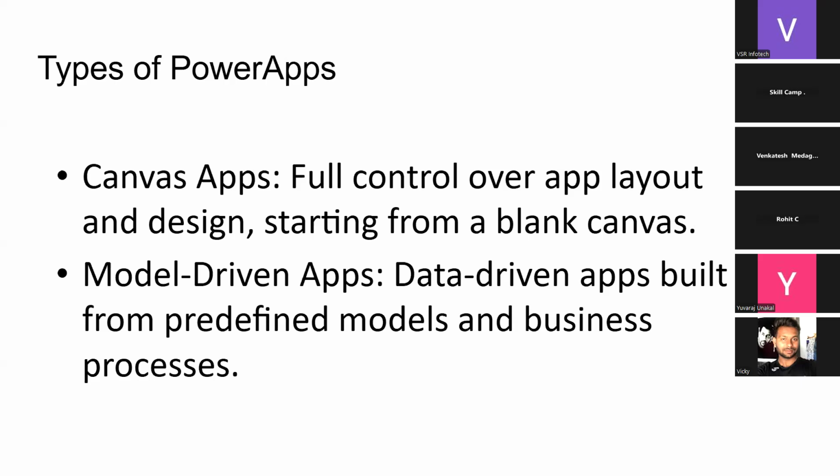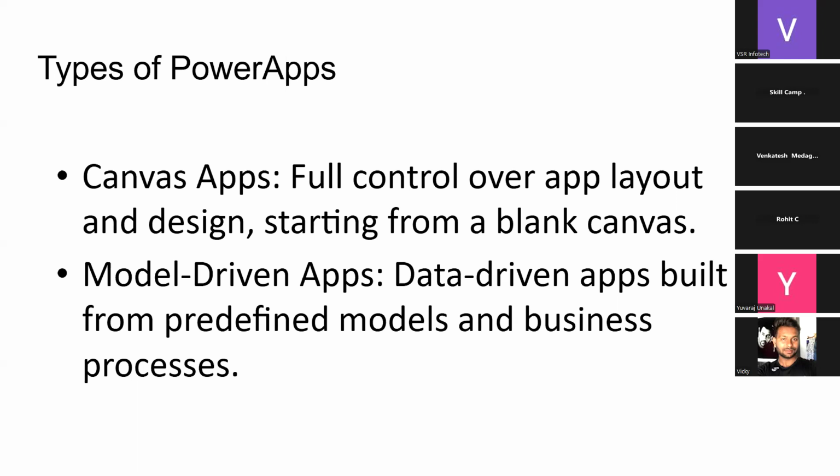That helps you with model-driven apps. These are data-driven apps, built from predefined models and business processes, like the examples I gave you of a survey application, an HR tool, and a reminder, a to-do task app. All these are examples of model-driven apps.